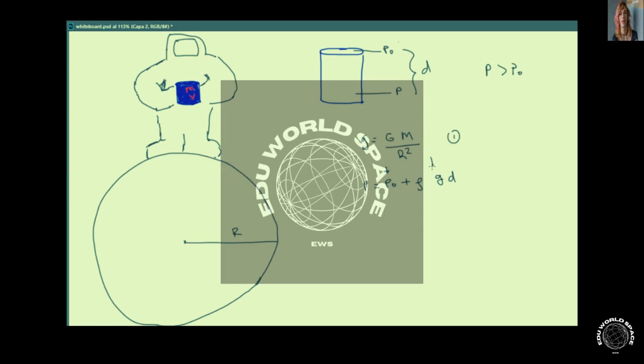And this term depends on D, the distance you go below the surface, because you're carrying all the liquid that is above. So this one is for the liquid, and the other is for the planet. Then, rearranging, we find that P minus P0 equals the density times g times D. This is our second equation.